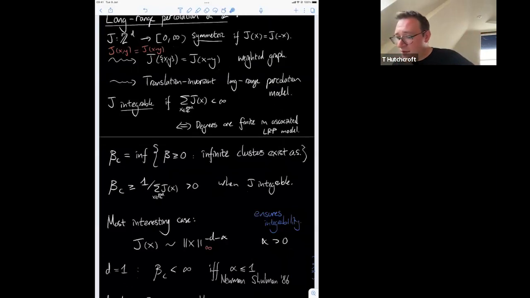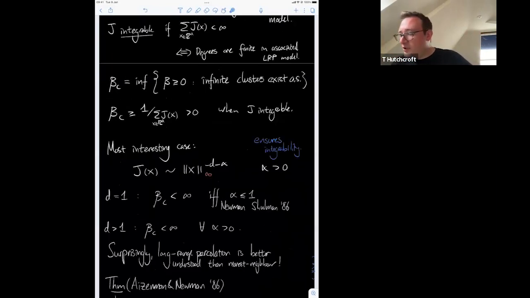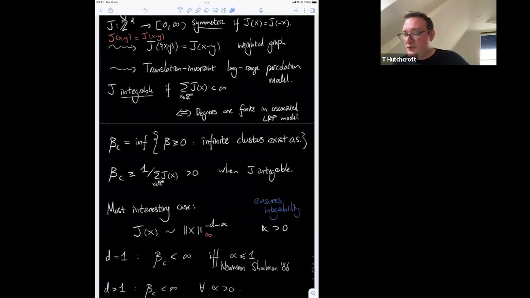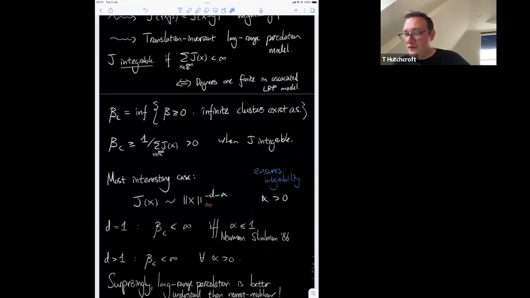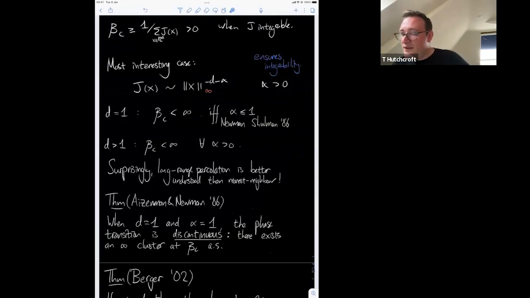So you have all the usual definitions. Beta_c is the infimal value of beta where infinite clusters exist. This is always positive when you have this integrability condition, so we'll focus on the case where the kernel j decays like the distance to the minus d minus alpha, where alpha is a positive number.